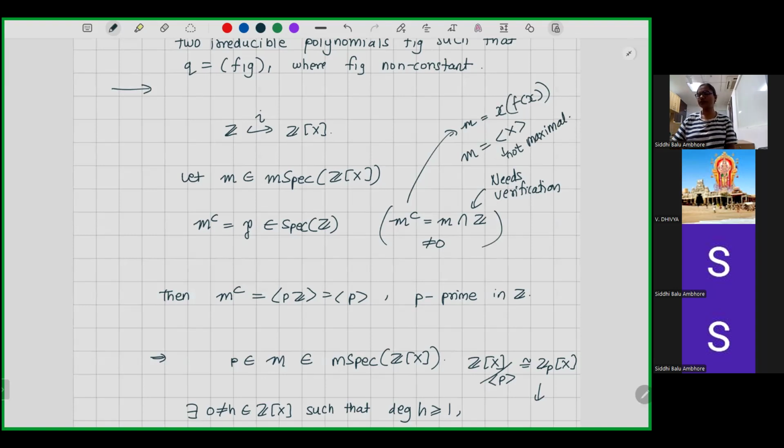If both the elements are of the form x into something, then when I substitute x equal to 0, they will give me 0 and it will no longer be a maximal ideal, because x is contained in the ideal generated by x comma 2 in Zx. This is not a very good argument, but just to get an idea. Is this okay?